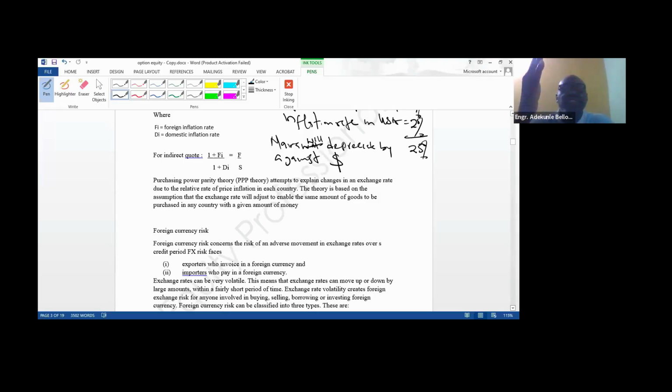Foreign currency risk concerns the risk of adverse movement in exchange rates. Foreign currency risk is the risk of adverse movement in exchange rates.